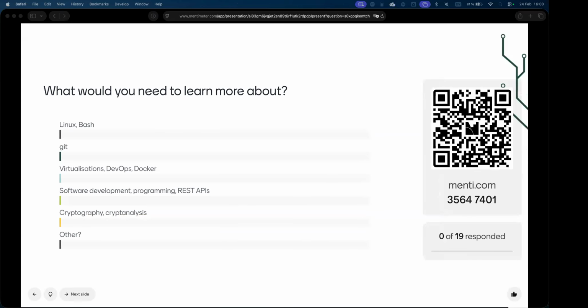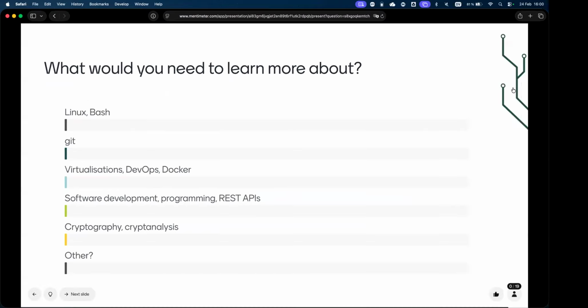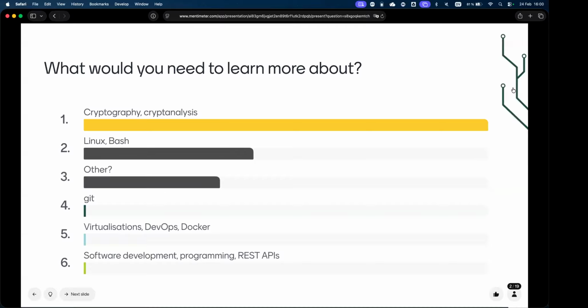Okay, so what would you need to learn more about as a prerequisite? What do you think? From the slides that I was showing, what do you think you were good at, and what do you feel you would need more? Yeah, so this is the topic which we'll start now.